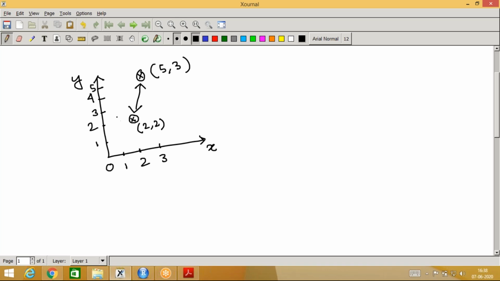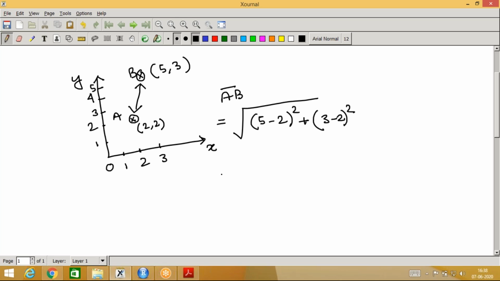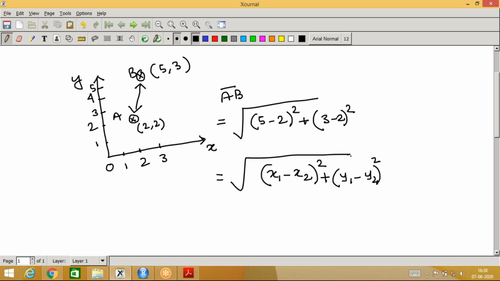The distance between these two points, if they are A and B, the length of the straight line AB is written as the square root of (5 minus 2) squared plus (3 minus 2) squared. Or in other words, (x1 minus x2) squared plus (y1 minus y2) squared. That is how the distance is measured.